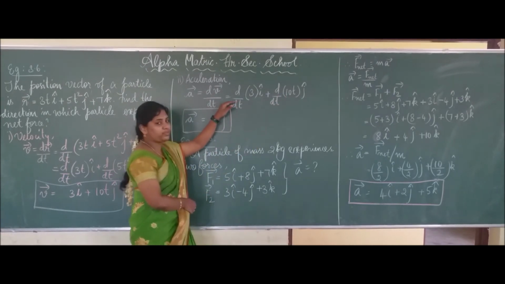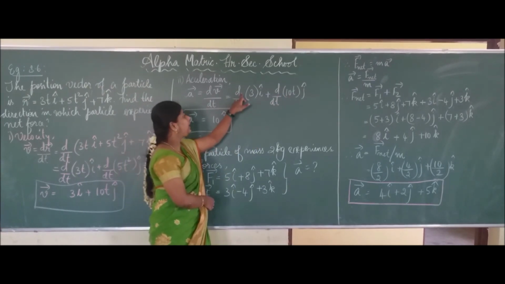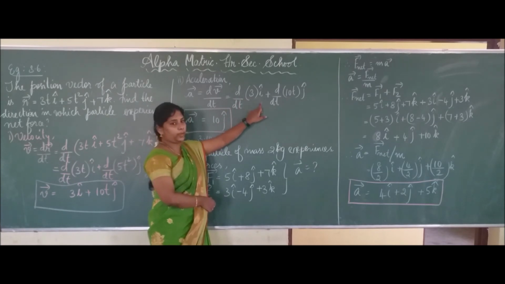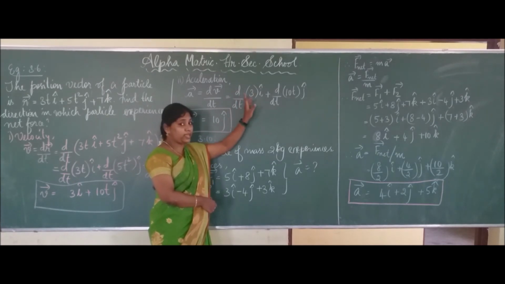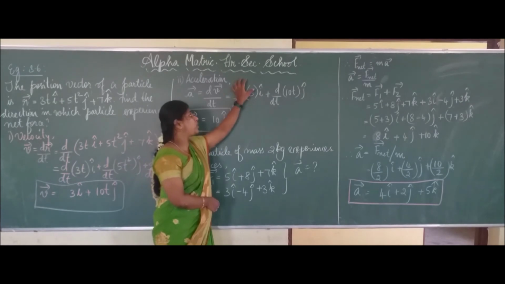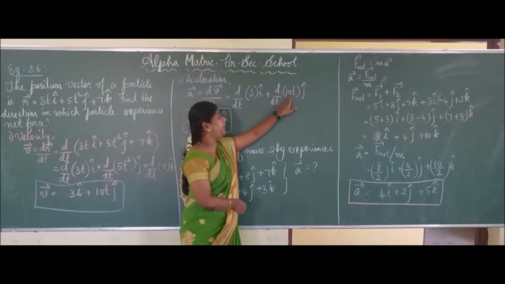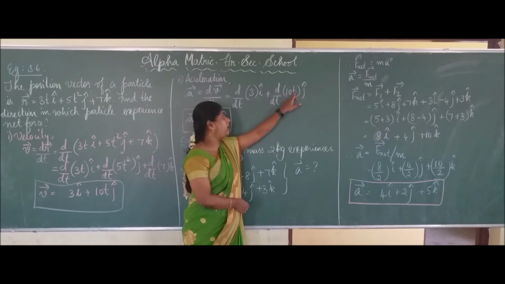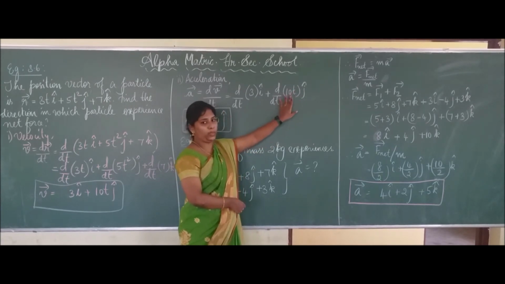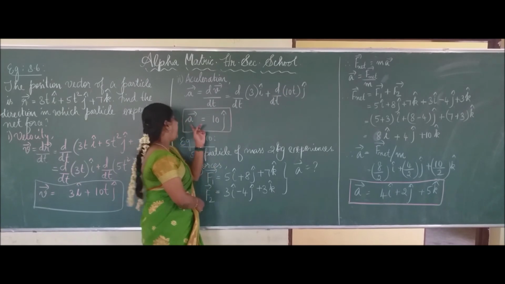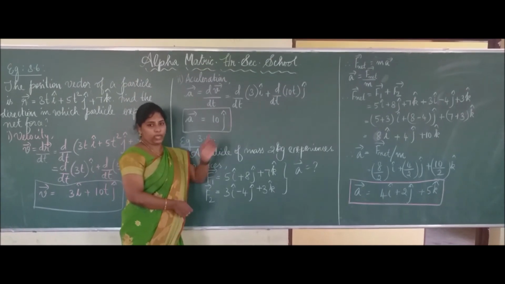Again we have to differentiate each term. d by dt of 3 i cap is a constant term because there is no t term, so it becomes 0. And next is d by dt of 10t j cap. With respect to time, we get only 10. So a vector equal to 10 j cap.